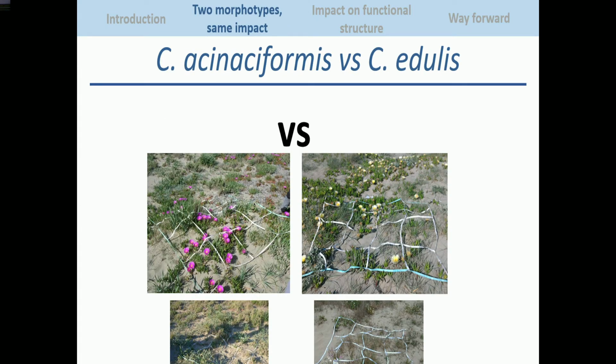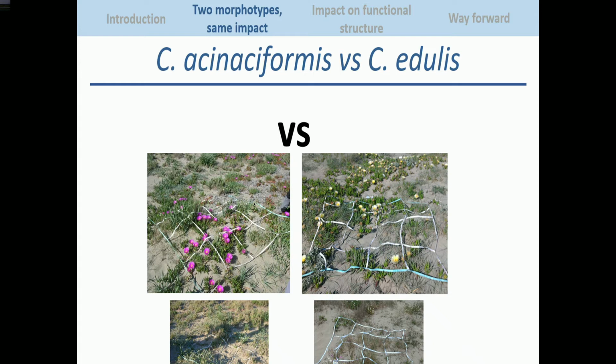So, the first thing that we did in my old lab in Rome was to check whether these two morphotypes were actually having the same impact.